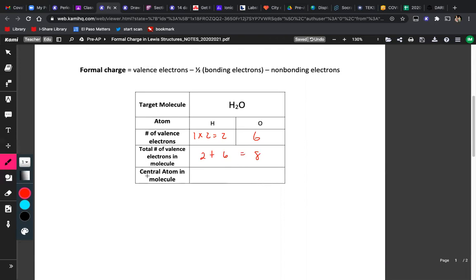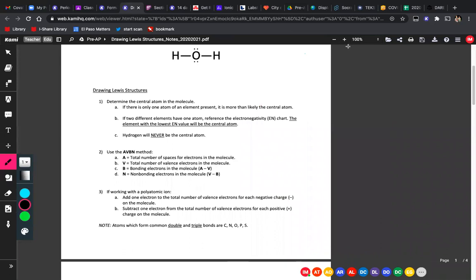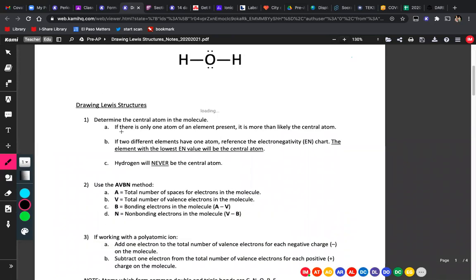Then here we have to write down what the central atom in the molecule is. For that, remember we just went over this. It's this first point right here, determining the central atom in the molecule. If there's only 1 atom of an element, it is more than likely the central atom.